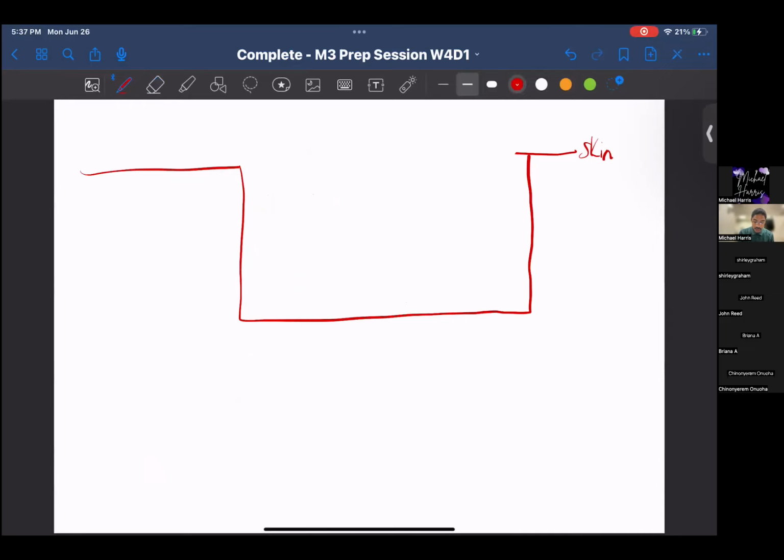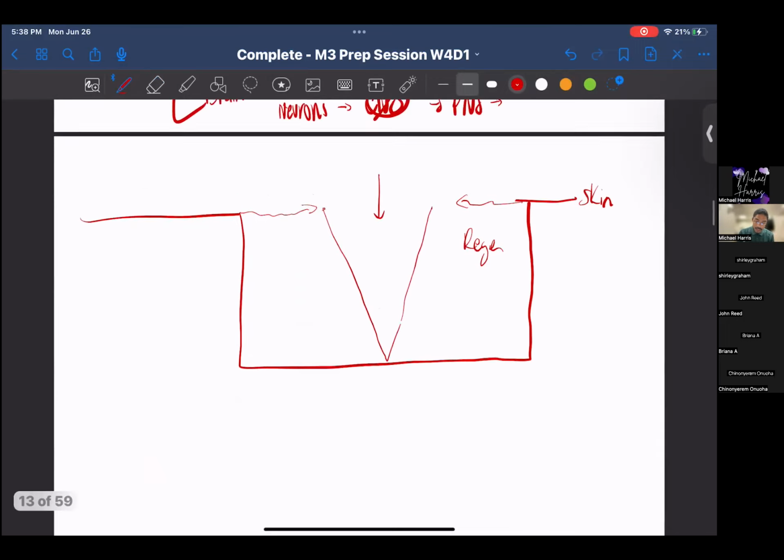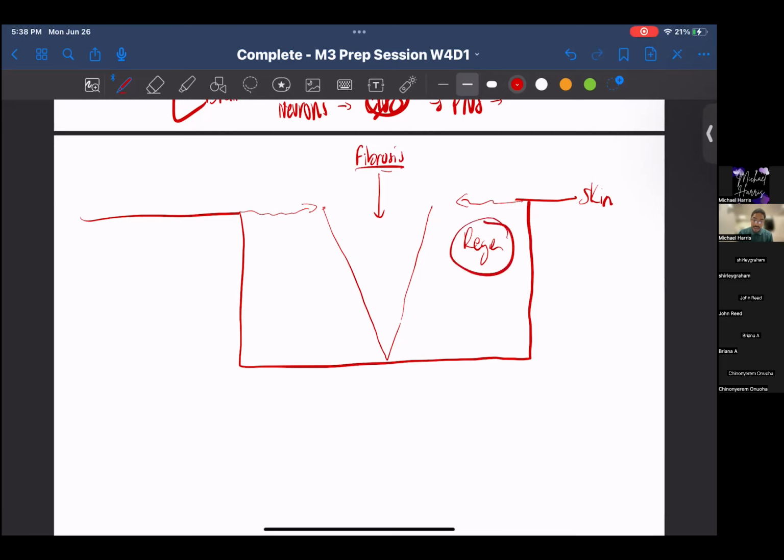This will start to grow inwards, and you'll get some regeneration. But eventually, towards the very center, you'll end up with what is known as fibrosis, because the damage is so extensive that the regeneration was not enough to fill in everything. So you were forced to fill in the rest of it with fibrosis.